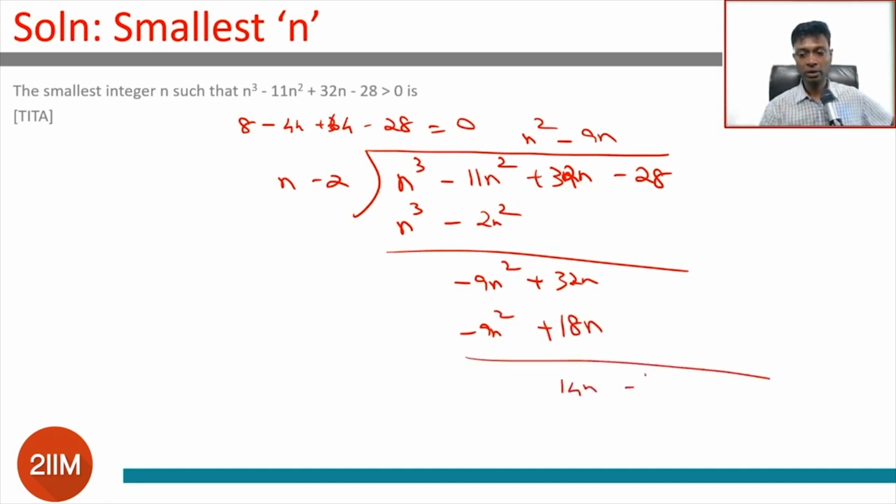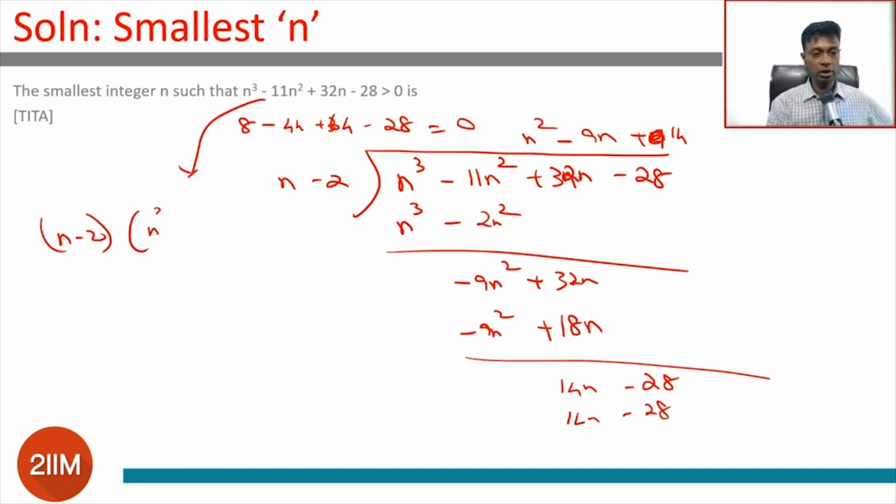We'll have 14n minus 28, sorry, plus 14. This is 14n minus 28, or our expression is n minus 2 into n square minus 9n plus 14, or it is n minus 2 into n minus 2 into n minus 7.